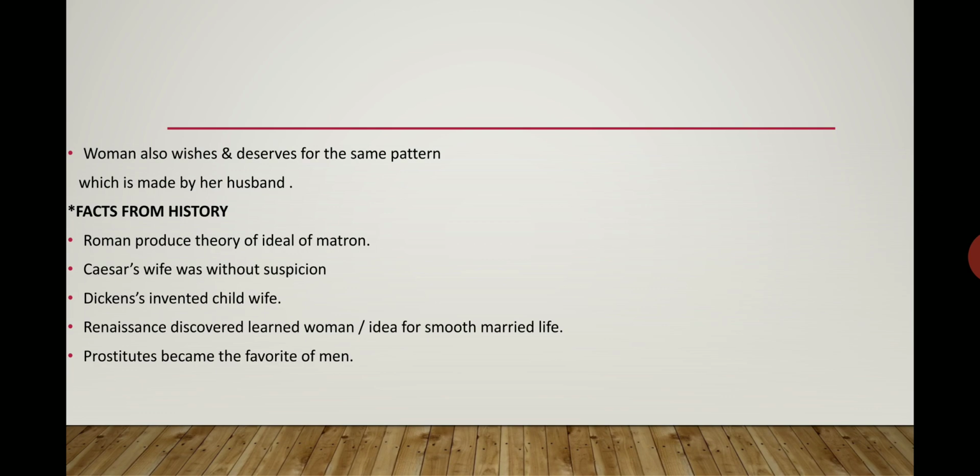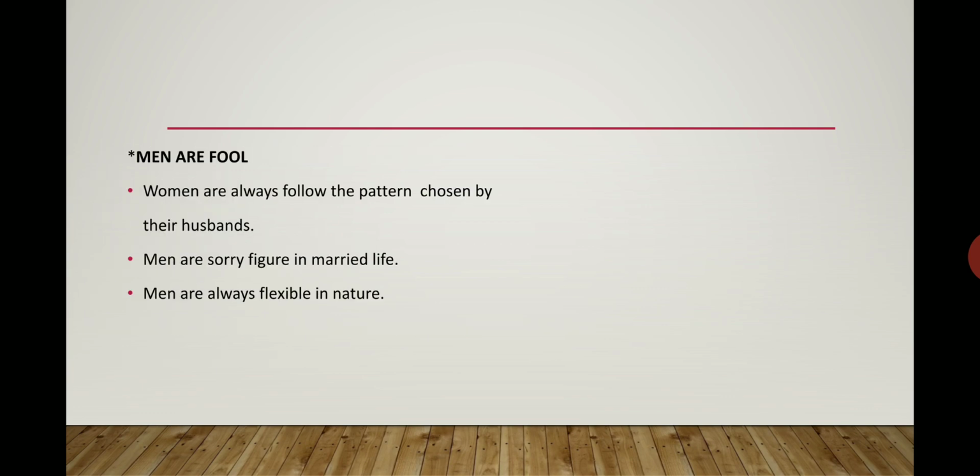The next point of the chapter is men versus women. According to the writer, women always have logic and reasons, and sometimes a woman leaves the pattern which is set by her husband if she feels that it does not satisfy her.